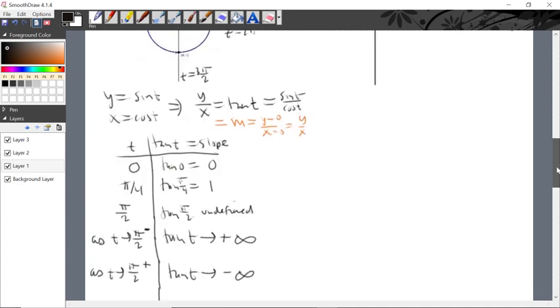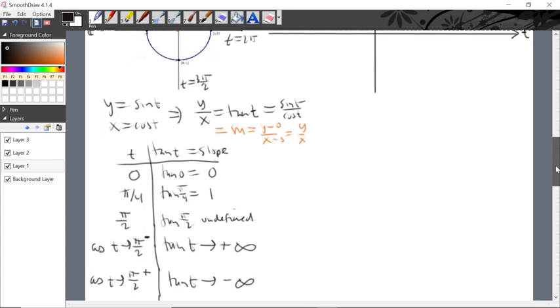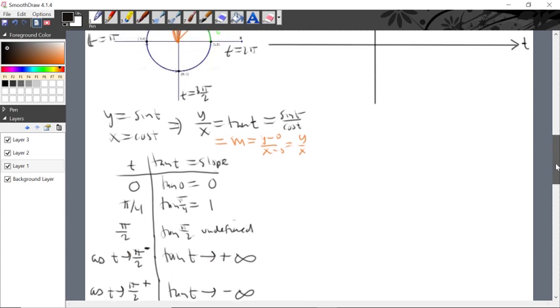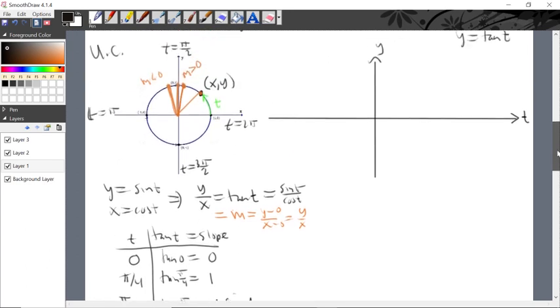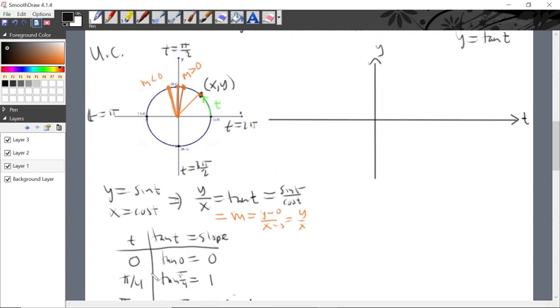Alright, so let's plot some of these features so far, through quadrant 1 and a little bit into quadrant 2, on our graph. When t is equal to 0, the tangent of t, which is the y-coordinate, is also equal to 0. So we have a point right here at (0, 0).